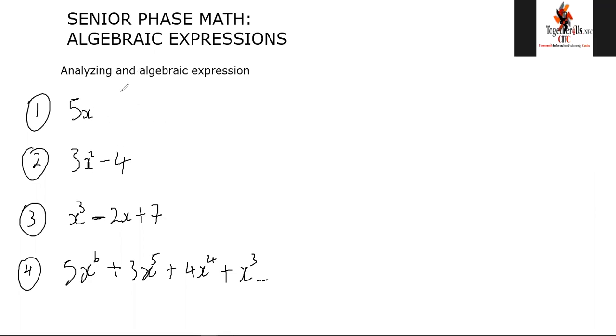We are continuing with analyzing algebraic expressions. I have brought the same expressions, but with a slight change as we get into the second part of the analysis. Here, of course, we know the coefficient of x is 5.